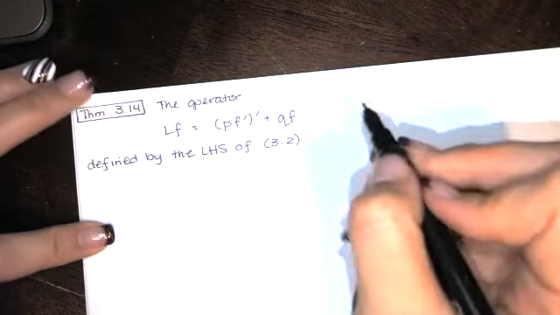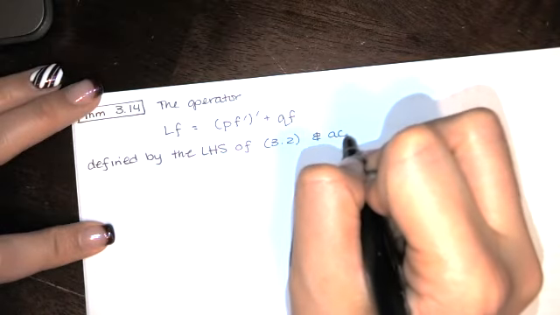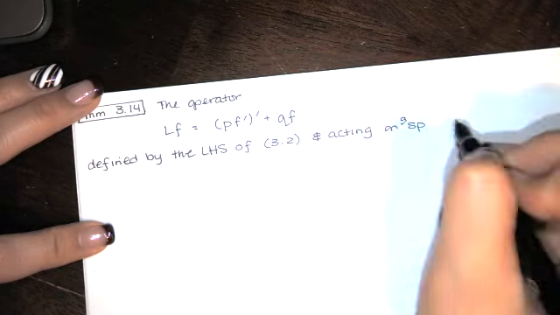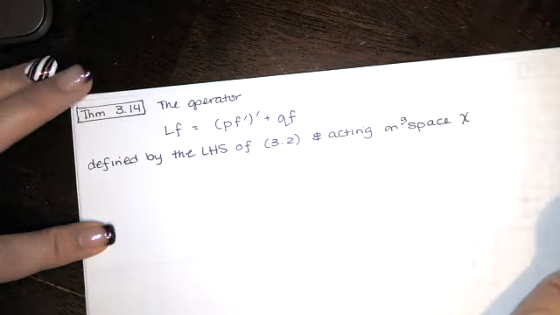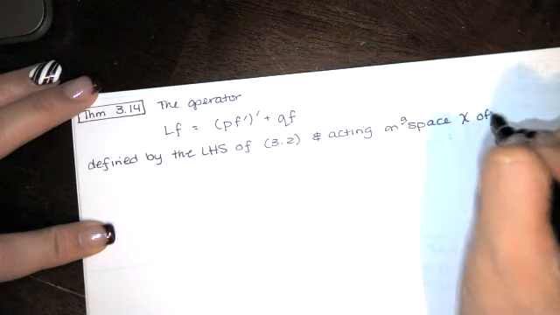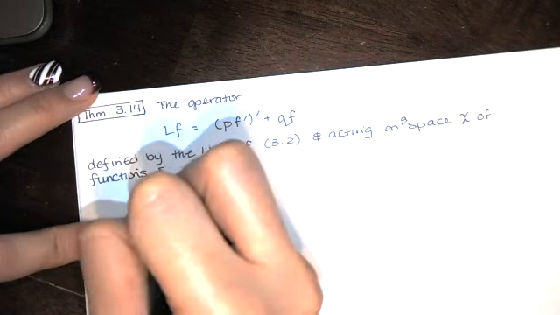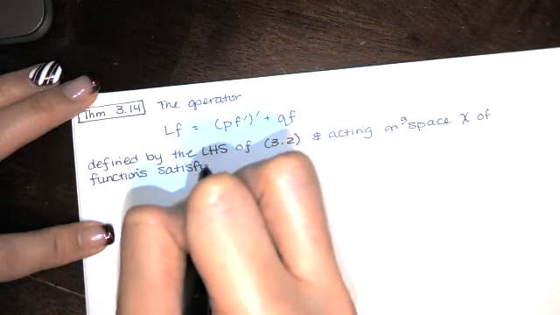Of our equation 3.2, and acting on a space chi of functions satisfying the boundary conditions.